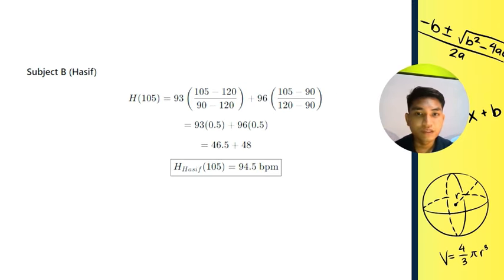For subject B, Hasif, the h function at 105 is 93 times (105 minus 120) divided by (90 minus 120), plus 96 times (105 minus 90) divided by (120 minus 90), and the final answer is 94.5 beats per minute.